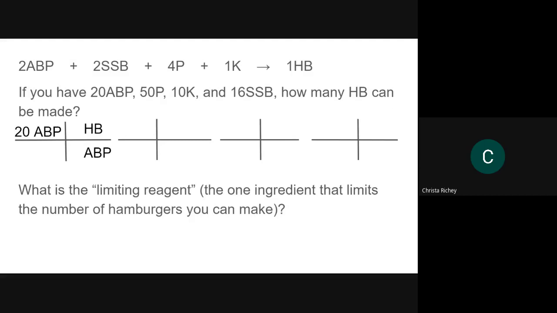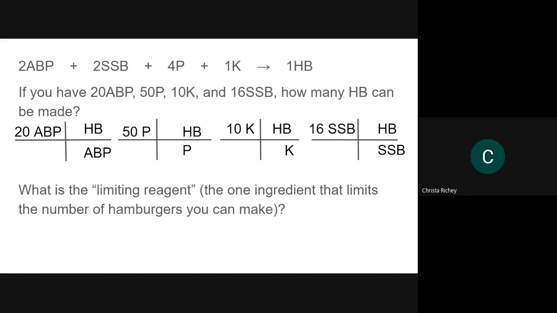My coefficient for a patty is a 2. I'm starting off with 20 all beef patties, 50 pickles, 10 ketchups, and 16 sesame seed buns. It's just not oxygen and copper and iron.